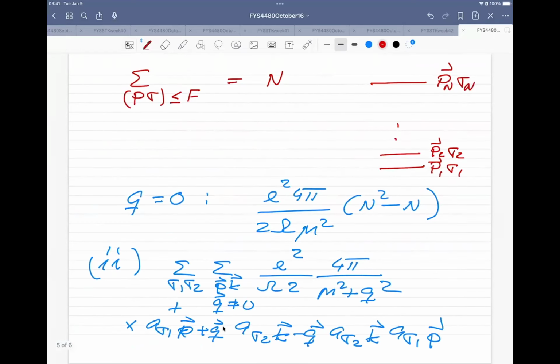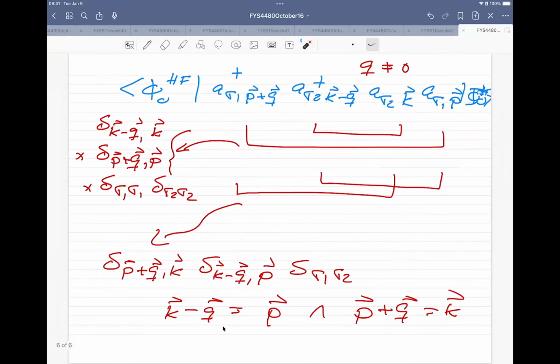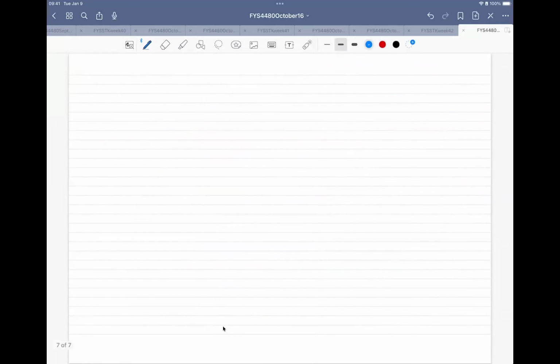The interaction which we have here is spin independent. So when I reduce this to a single sum, that means that I'm summing over the spins. That gives me a factor of 2, because this is spin independent. There is also a minus sign because I have to interchange the positions of the creation and annihilation operators in order to perform the contractions.